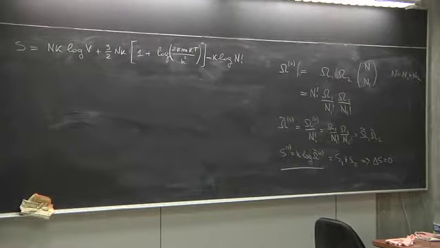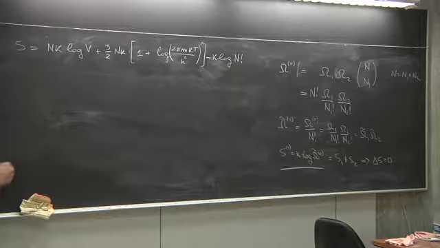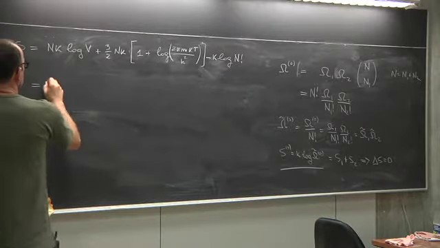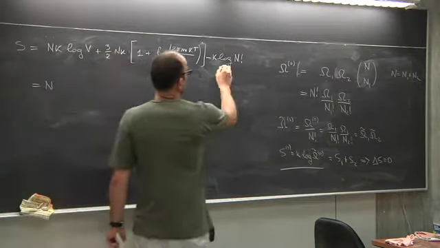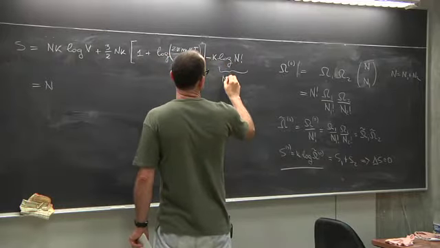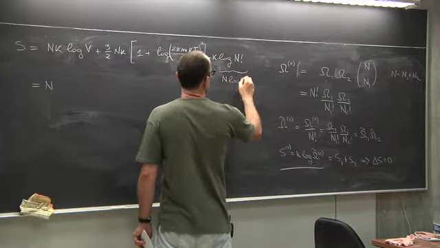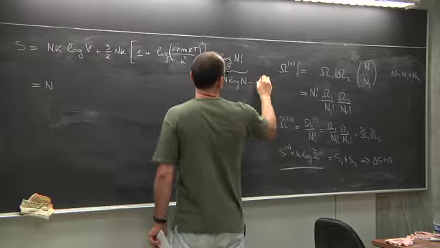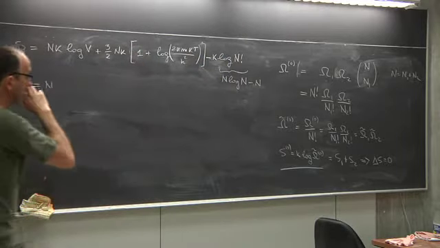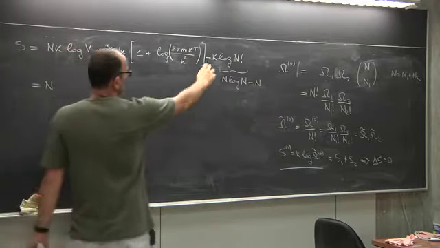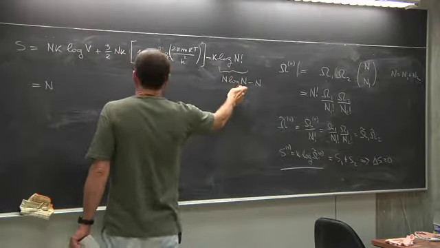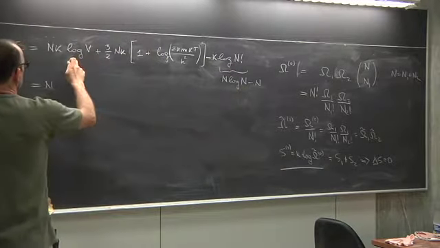And so you see, using Stirling approximation, this is n log n minus n. So this minus k times n log n, I can put together with this.